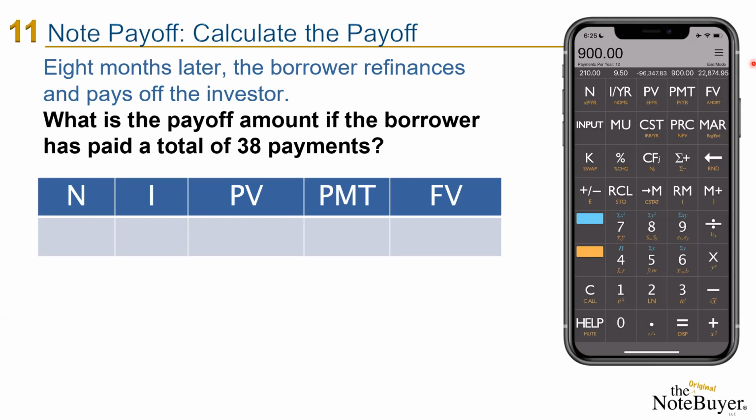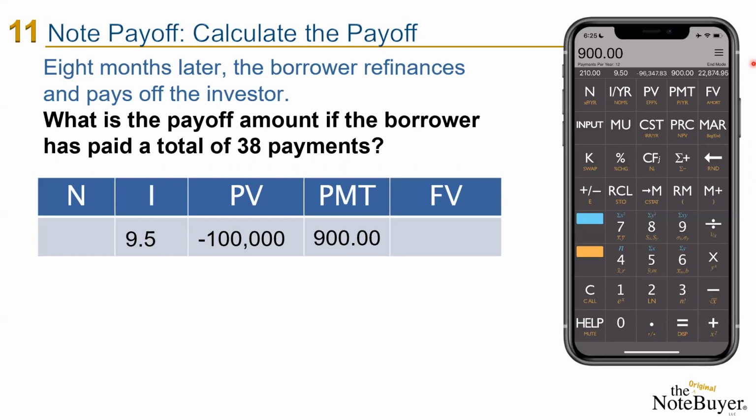So what we need to do is go back to the original amount of the loan now, because now we're looking at this from the view of the borrower. So forget the 85,000 and all these other things. We have to go back to the original amortization on the loan. So we're going to put negative 100,000 into PV.